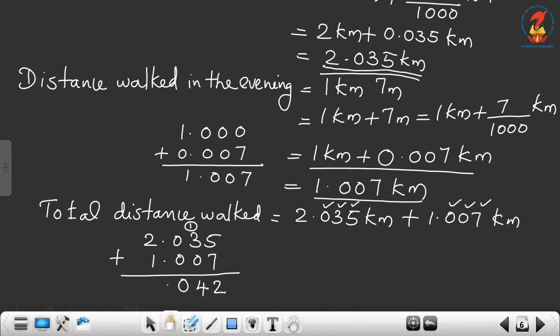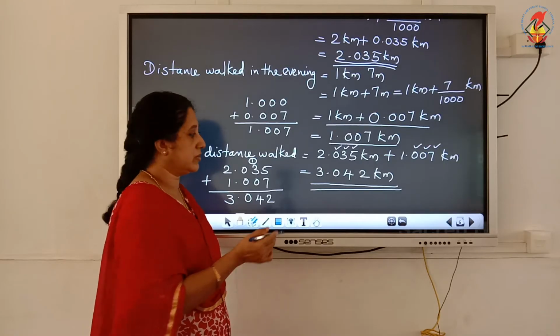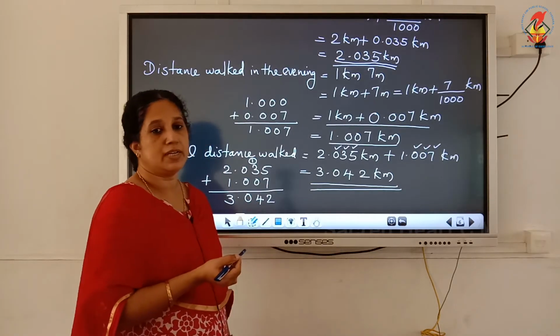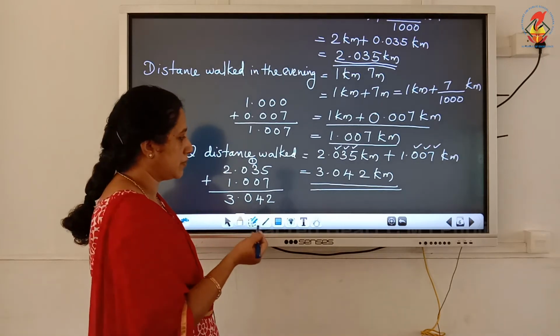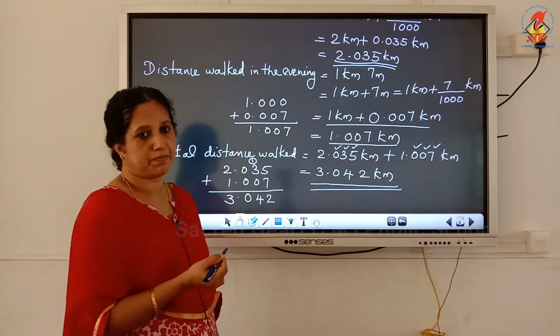Then put the decimal point. Then 2 plus 1, 3. So we can write the answer as 3.042 kilometer. Therefore, the total distance walked is equal to 3.042 kilometer.